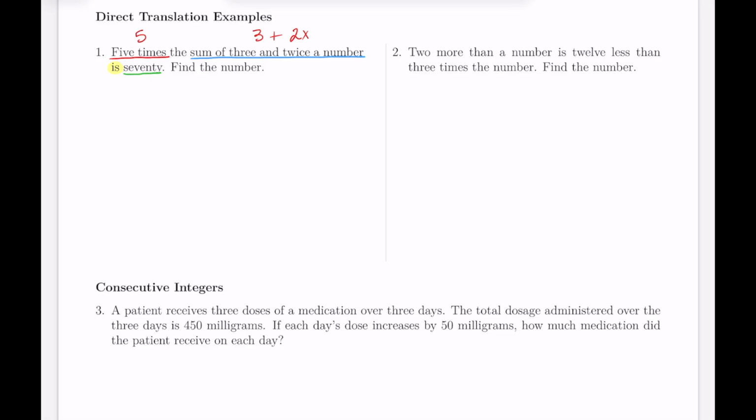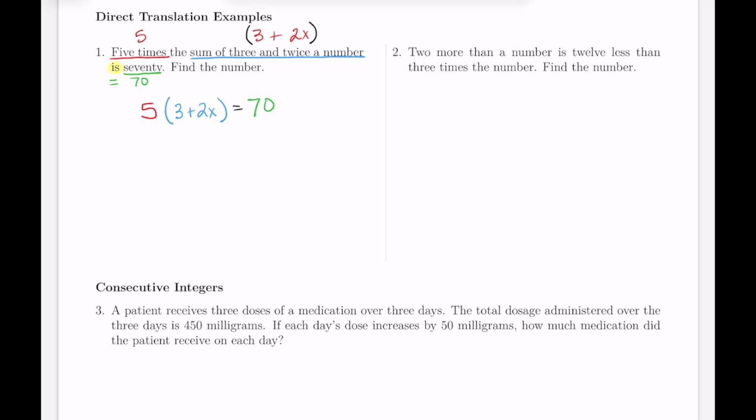Well, if I have to take 5 times that whole amount, hopefully we've done enough of these previously that you would know I have to put that in parentheses. I need to take 5 times that whole quantity. And then, of course, we have equals 70. So when I write this all out in one line, 5 times the sum of 3 and twice a number is 70.